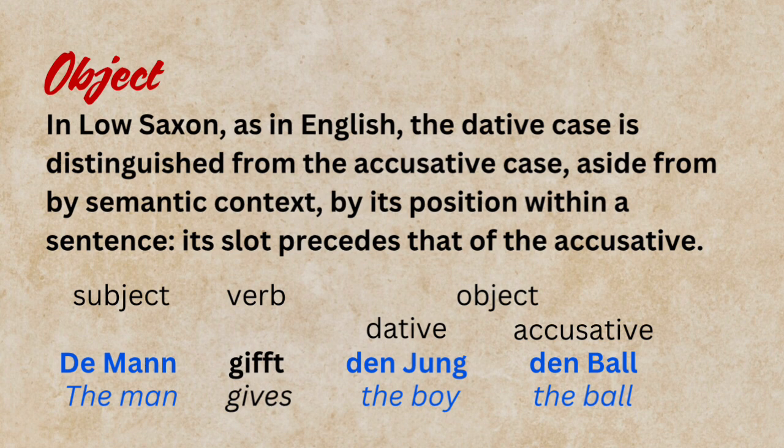In Low Saxon, as in English, the dative case is distinguished from the accusative case, aside from by semantic context, by its position within a sentence. Its slot precedes that of the accusative. De man gift den jong den bal.